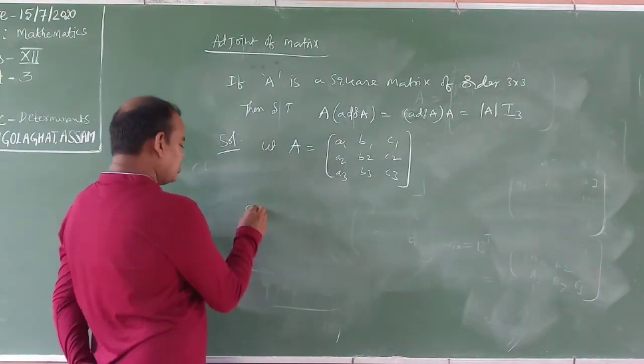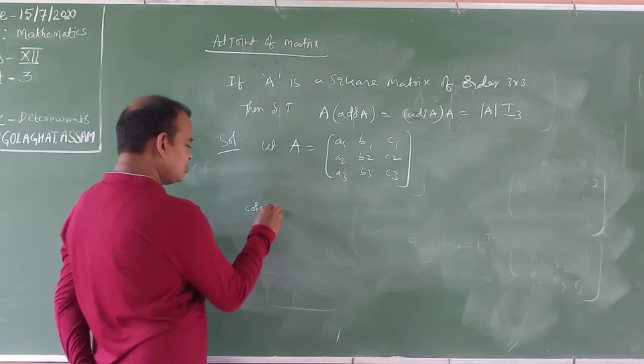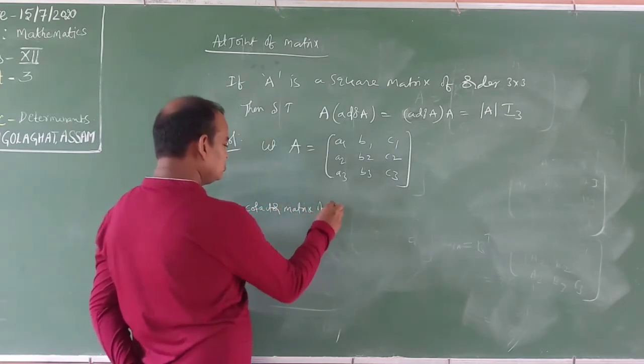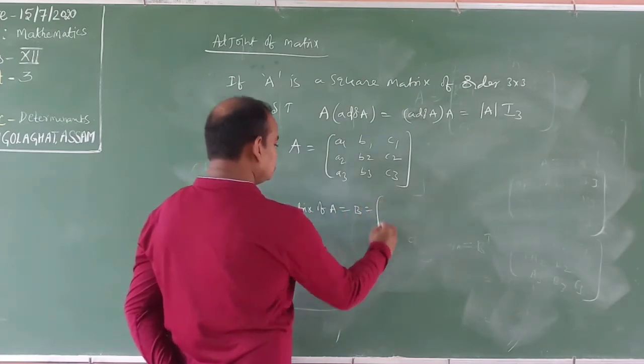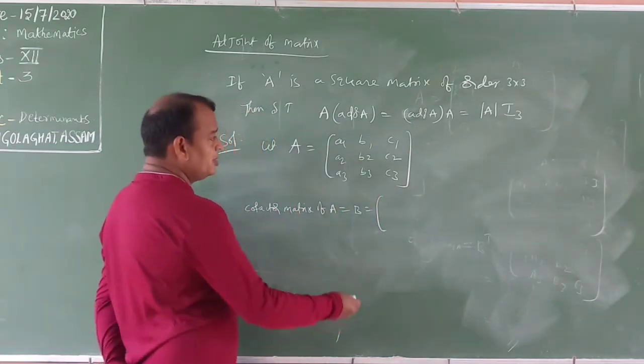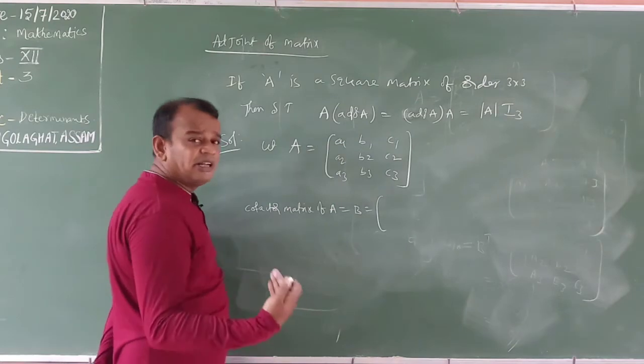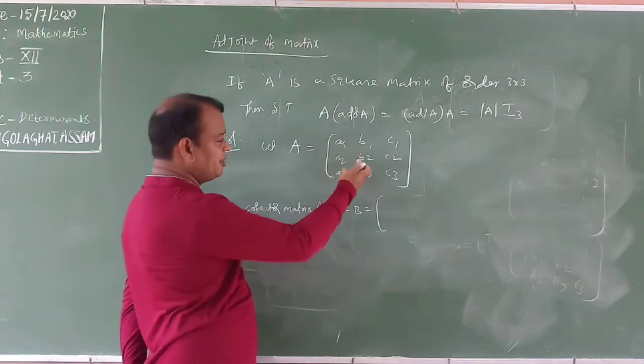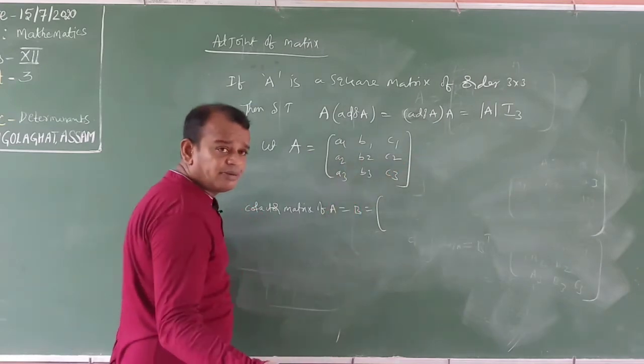Now the cofactor matrix. The cofactor matrix of A equals B. The cofactor of A1 is capital A1. Let us consider its value: capital A1 is B2C3 minus B3C2, no problem at all. Okay.